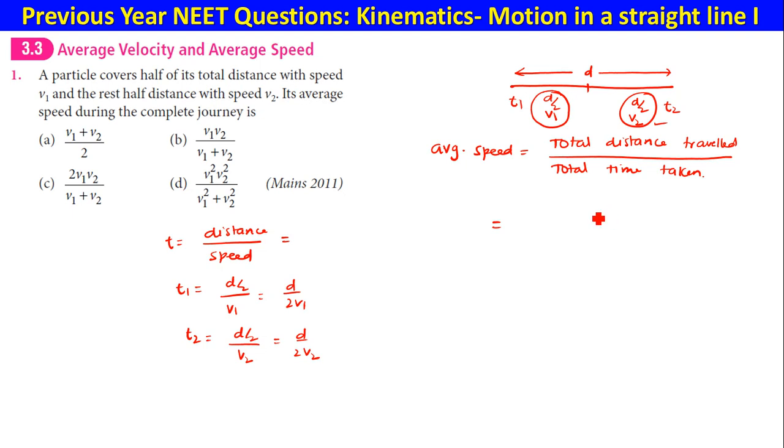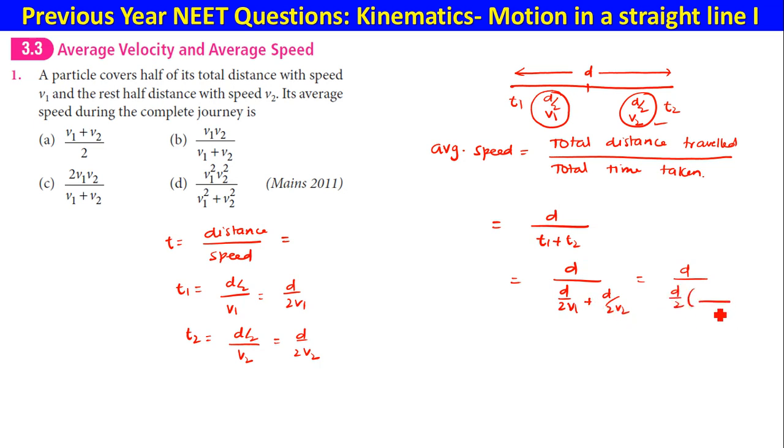Let me substitute all these things here. The total distance traveled is d, divided by the total time taken, that is t1 plus t2. So d divided by d by 2v1 plus d by 2v2. If I take d by 2 common from the denominator, I'll get 1 by v1 plus 1 by v2.